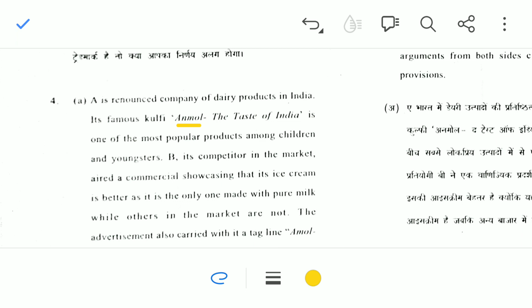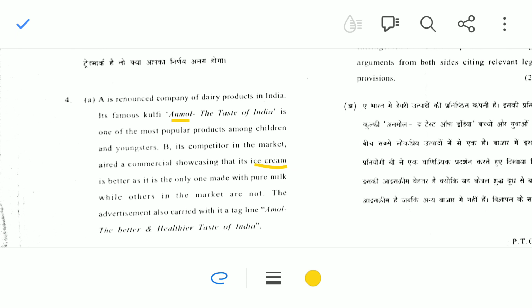Its competitor in the market aired a commercial showcasing that its ice cream is better as it is the only one made with pure milk, while others in the market are not. The advertisement also carried a tagline: Unmold, the better and healthier taste of India.